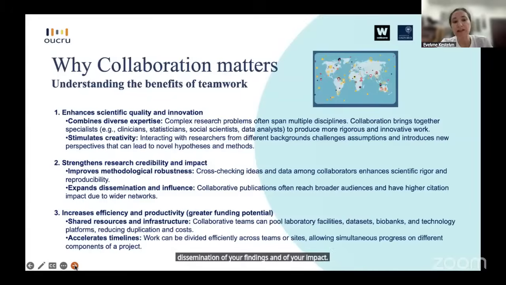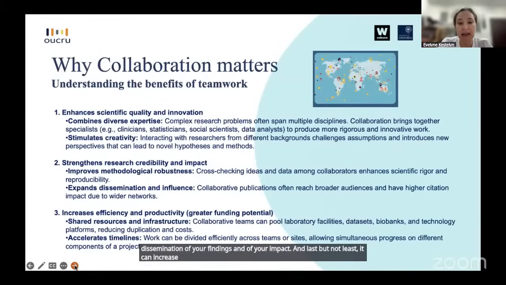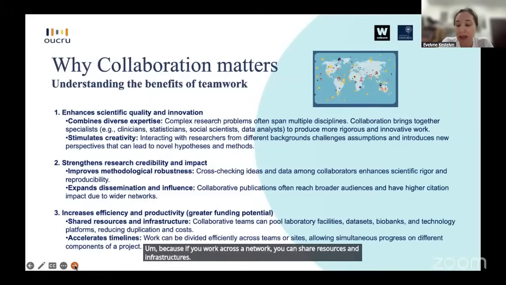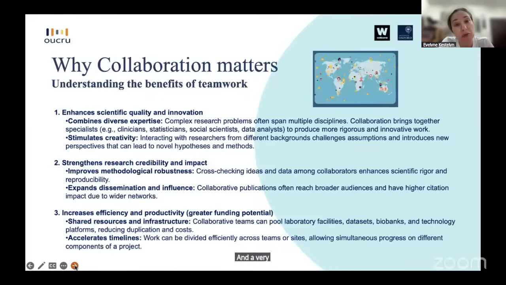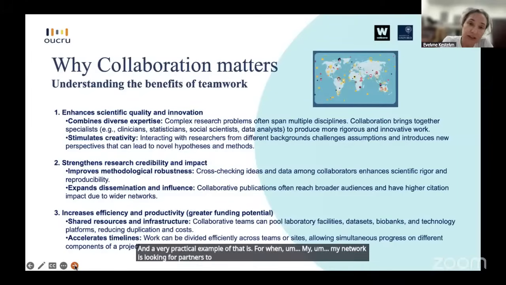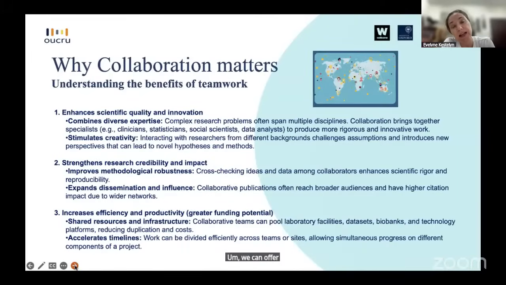And last but not least, it can increase efficiency and productivity. Because if you work across a network, you can share resources and infrastructures. And a very practical example of that is, when my network is looking for partners to, let's say, conduct a clinical trial with, we can offer expertise in clinical monitoring of that trial.